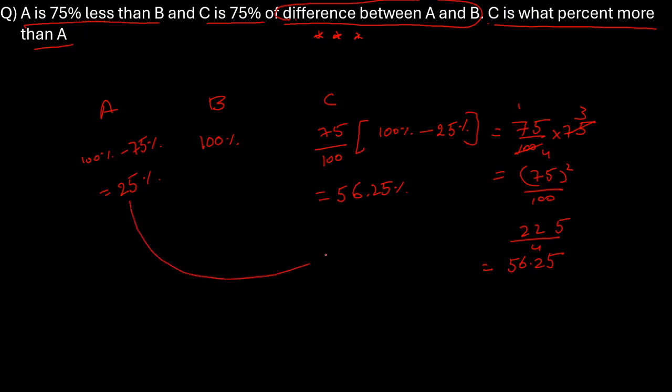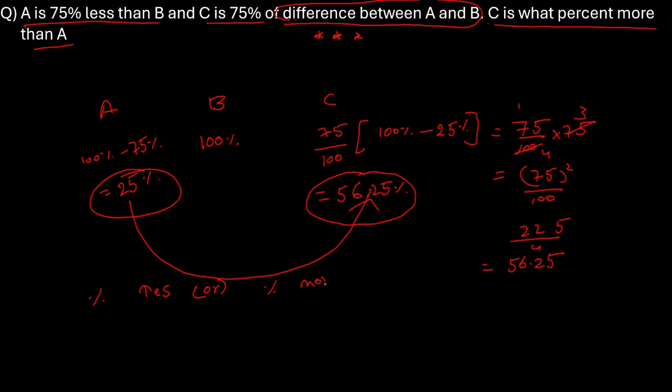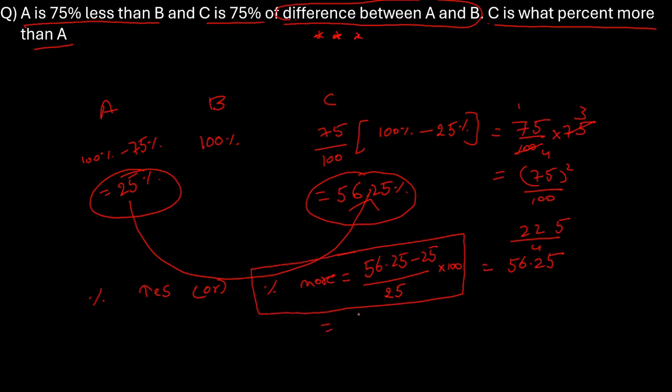So obviously we can see that C is more than A. But by how much? So this is going to be my final value and this is going to be my initial value. So the percentage increase, or the percentage more, can be written as the difference between the final value and initial value upon initial value into 100, right? Okay.